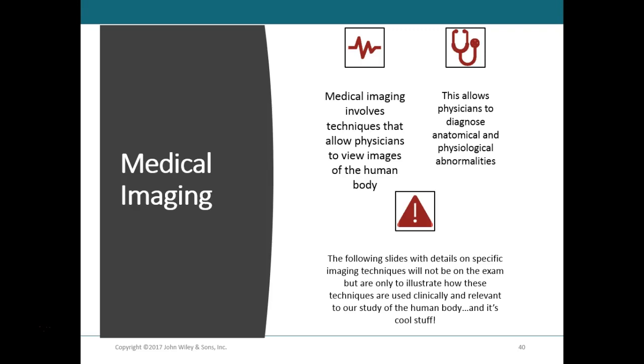This allows physicians to diagnose things that don't look or function as they should, and therefore it can decrease exploratory surgeries when you have to go in to find out what's wrong. The medical imaging technology we have available today allows us to see inside the body quite well.